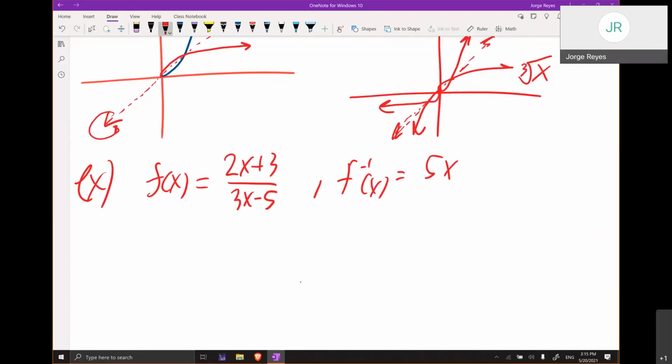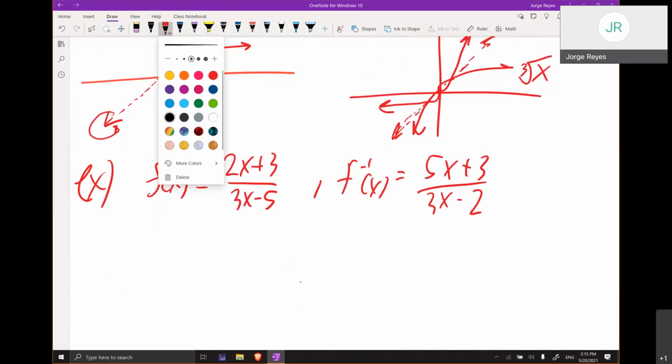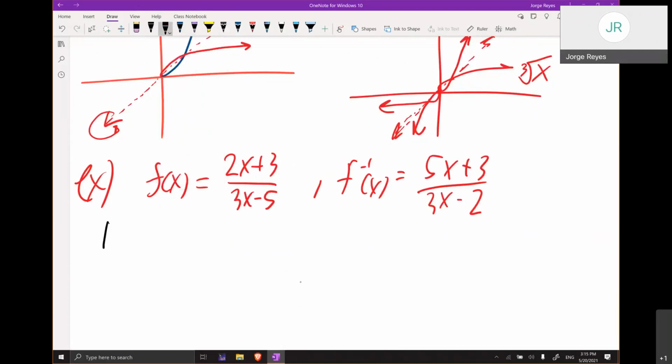So 5x plus 3, 3x minus 2, okay? If we look at the domain and range of these functions, you'll notice something. All right, so the domain of f, right, is not 3 over 5.